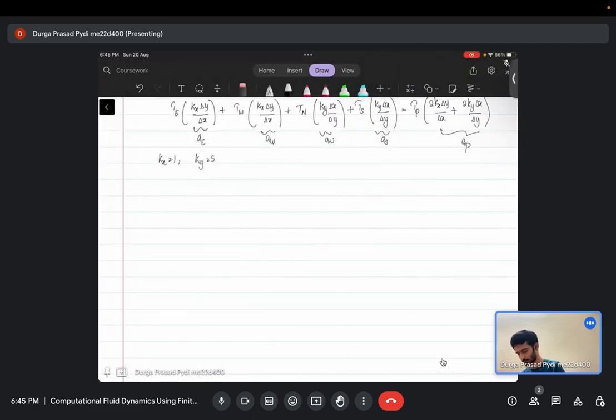So what I'm trying to do is, say you have a 2D grid, something like this. Your i goes like this, and your j goes like this. So each point is i comma j.